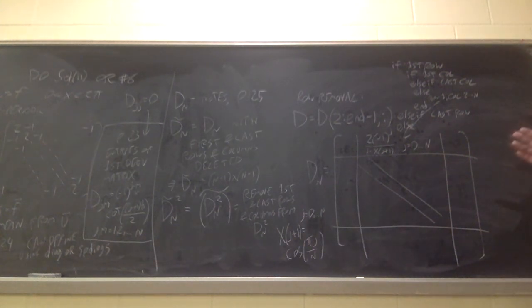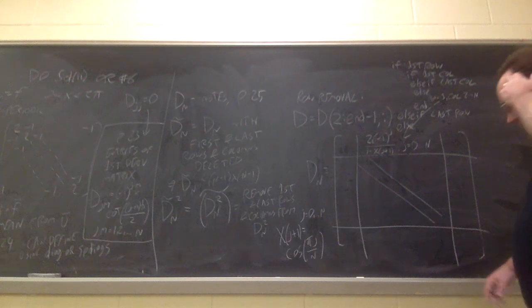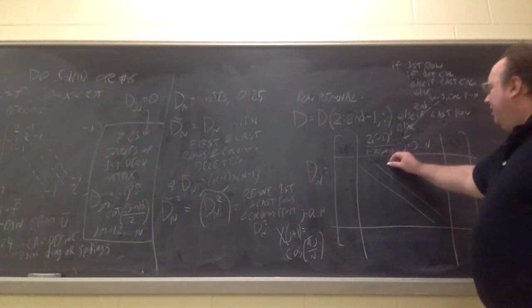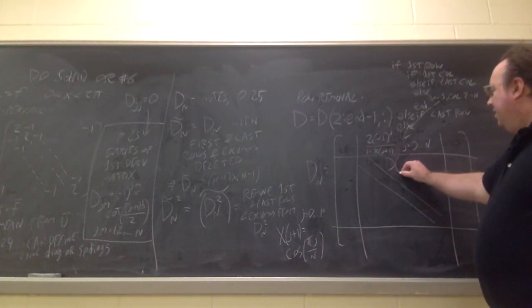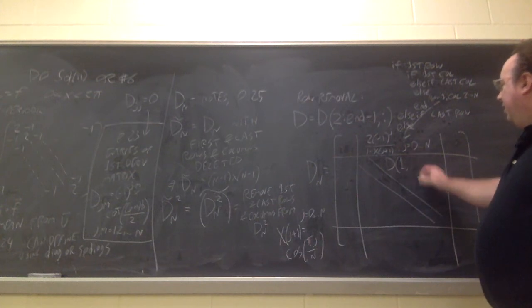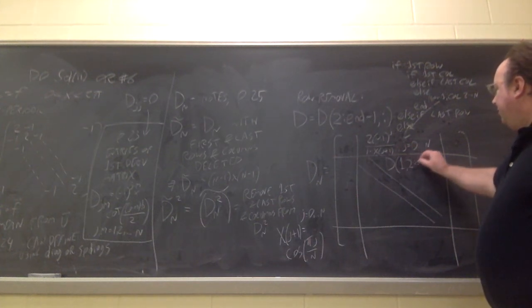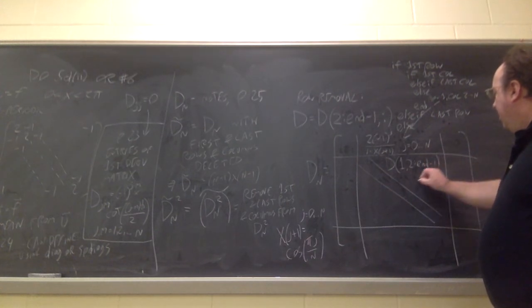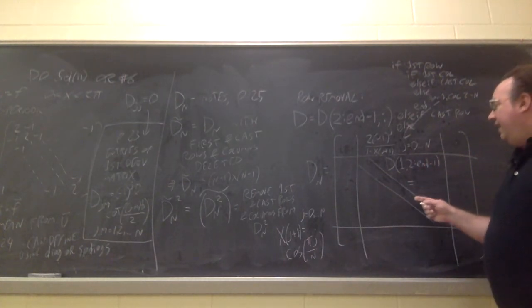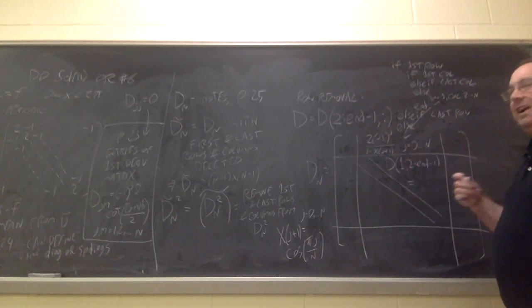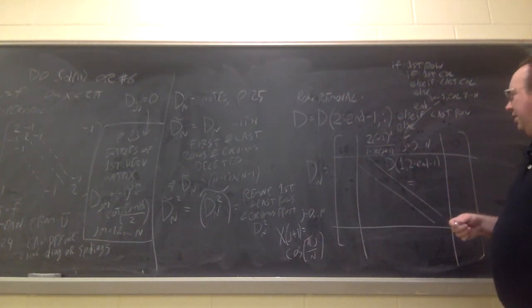Well, I'll give you an example. What would you make your statement in this case? Like this one right here. Yeah, so what I would say is, my matrix D, row 1, columns 2 to n minus 1, is equal to, and I would use this formula, but in a vectorized form.